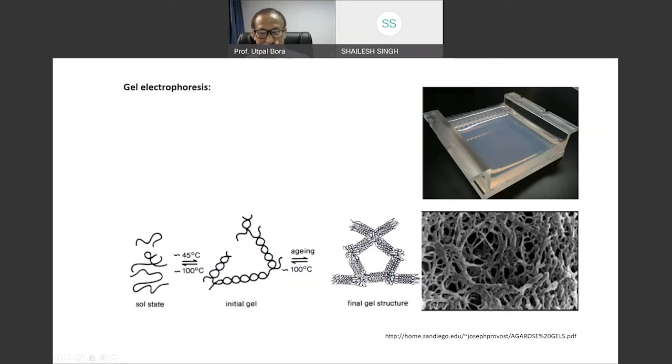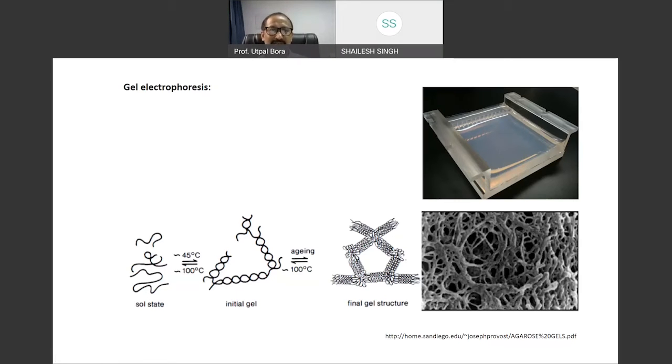You can see here the pictorial representation. And on the other side, you can see the electron microscopy photograph of this particular gel on the top, which is a very soft jelly-like structure. But if you put it under electron microscopy, you can see these beautiful pores. Now, these pores have certain size limitations.